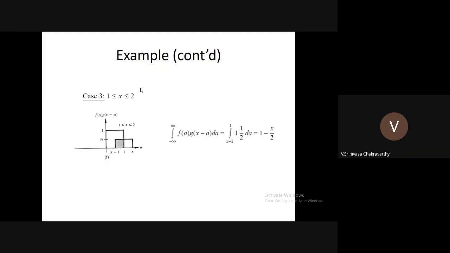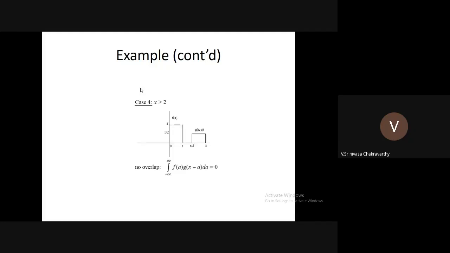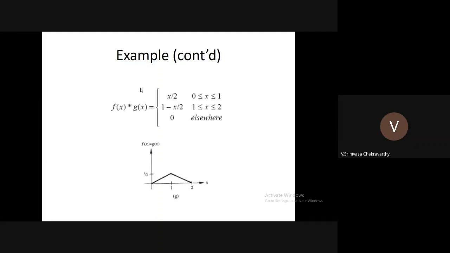Now for x between 1 and 2, again there is some overlap, and the overlap is now 1 minus x by 2. Then finally for x greater than 2, again the two functions don't have any overlap, so the resulting function is 0. So basically the resulting function p of x is equal to f of x star g of x, which is equal to 0 for x less than 1.